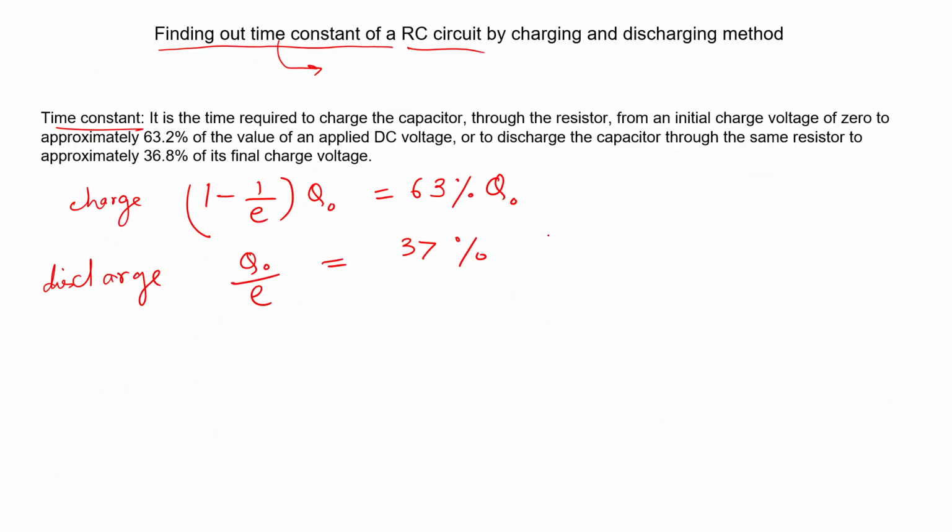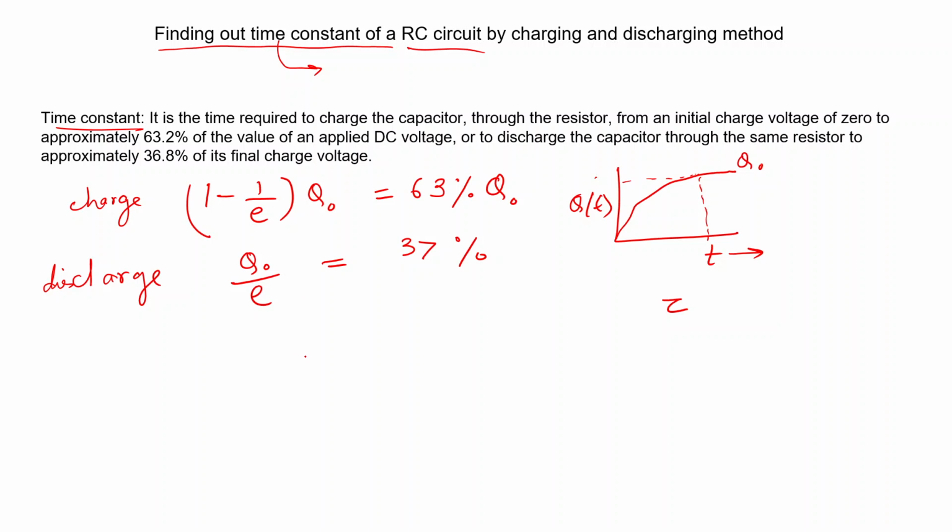It will go to this point, the full value, when it's completely full, but at some 63.2%, when it's 63% of the full value that it can reach, that time, if I plot charge versus time, will be called the time constant, denoted by tau.